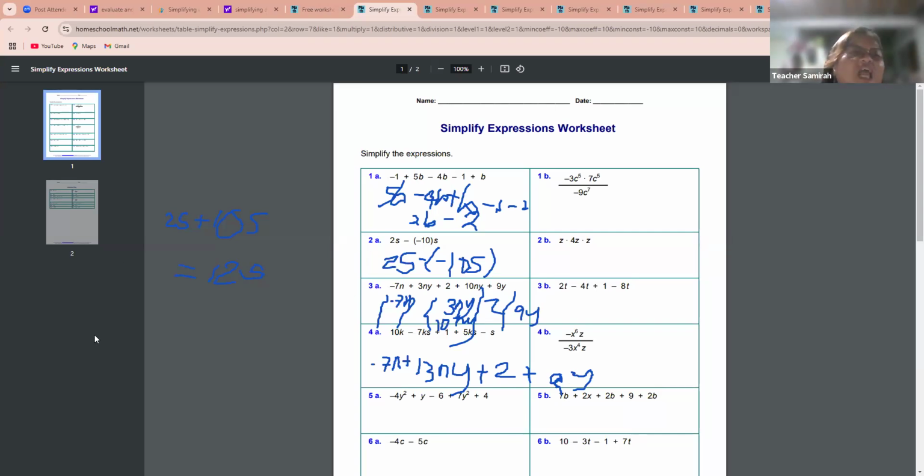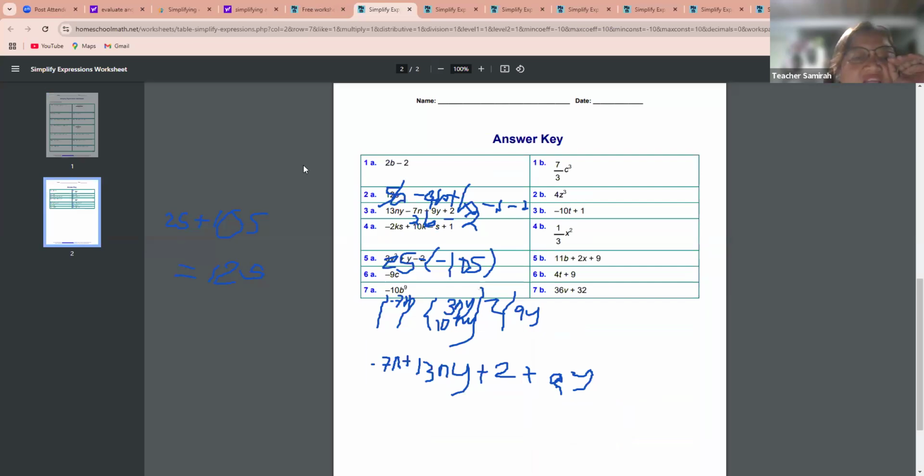Okay, look at this. I need to show you the answer so that you can see it. The first one is 2b minus 2. This is correct. The second one is 12s, which is also correct. And then the third one is 13ny, negative 7n, plus 9y, and plus 2.